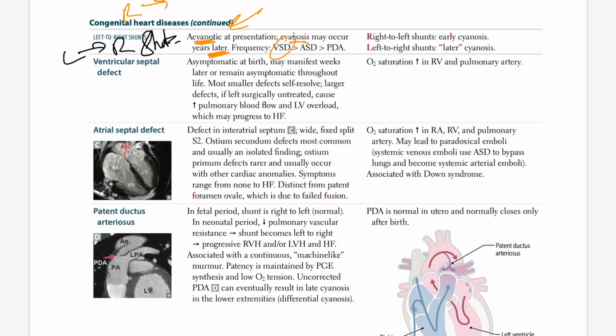Frequency: the VSD is most frequent, then ASD, and then PDA. So the mnemonic is right to left shunt is early cyanosis, so RL cyanosis. Left to right shunt is later cyanosis, LR. Now let's talk about VSD.